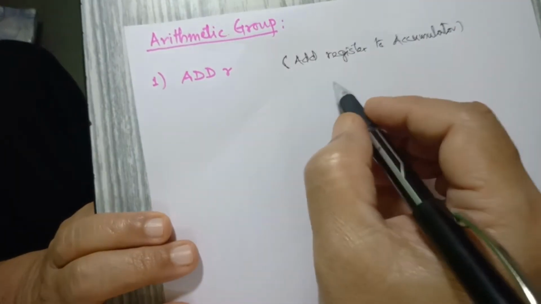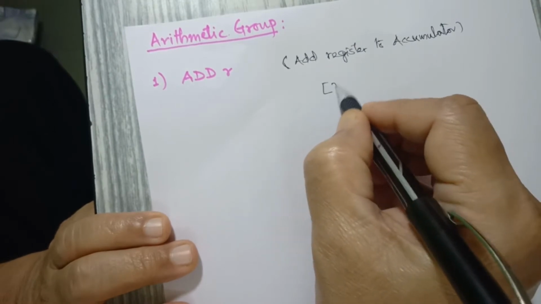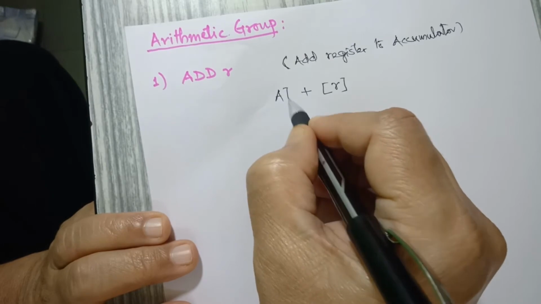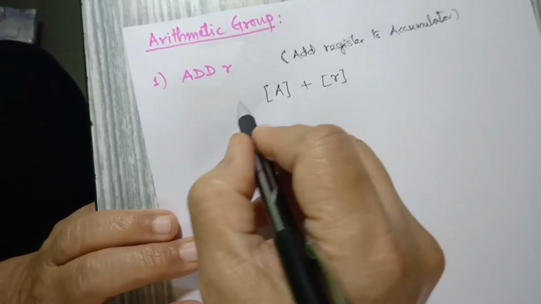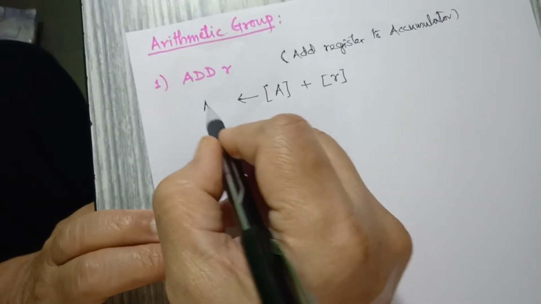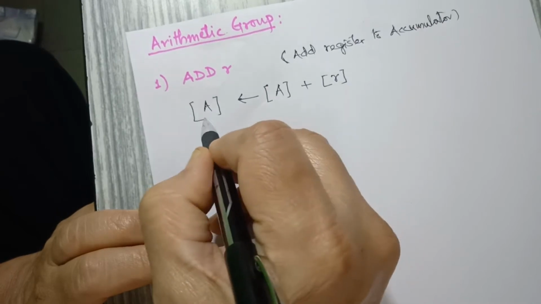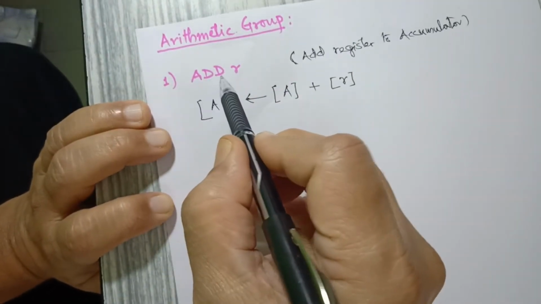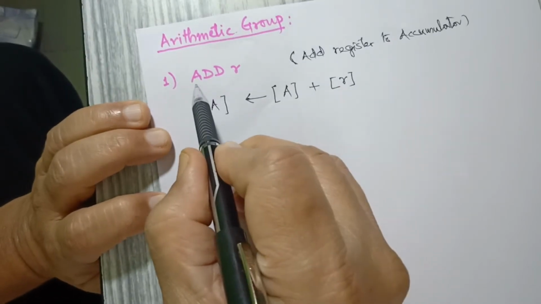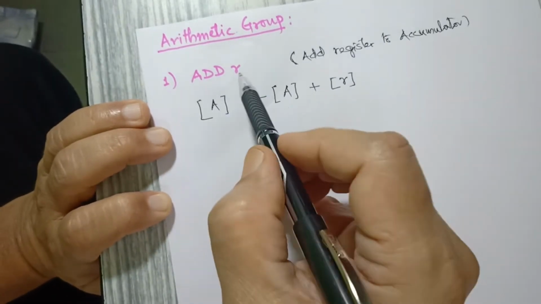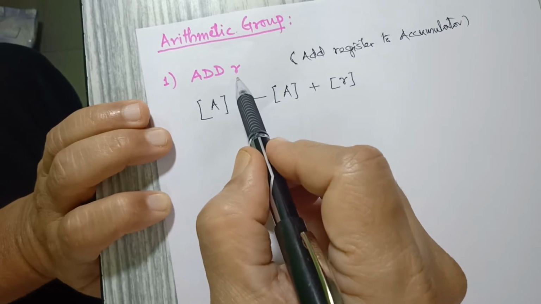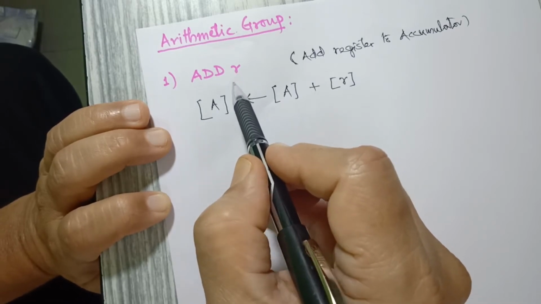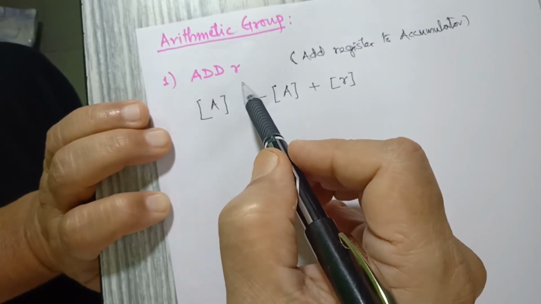The content of the specified CPU register is added to the content of the accumulator, and the result is placed into the accumulator. See the mnemonic ADD. ADD reminds us that the operation must be addition, and what is to be added is specified by this CPU register. This R can be anything, that is A, B, C, D, E, H and L.